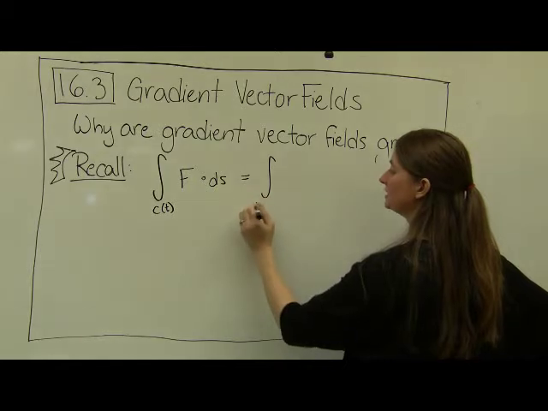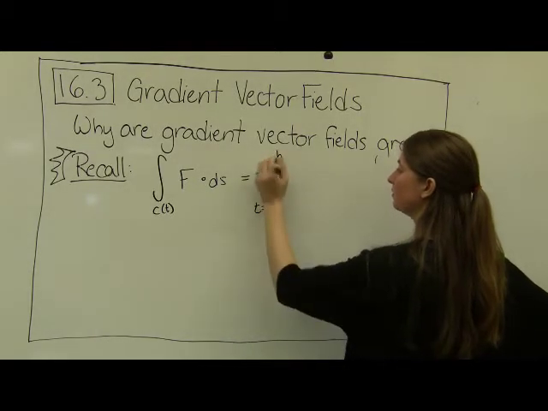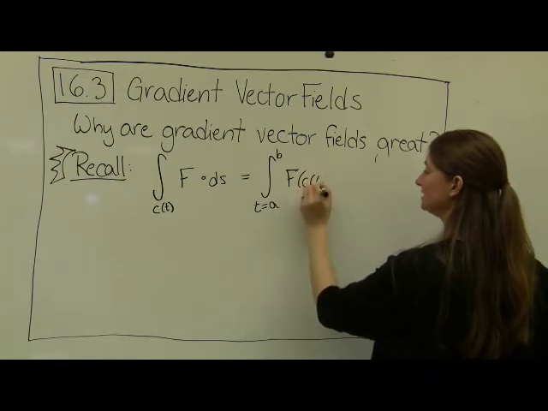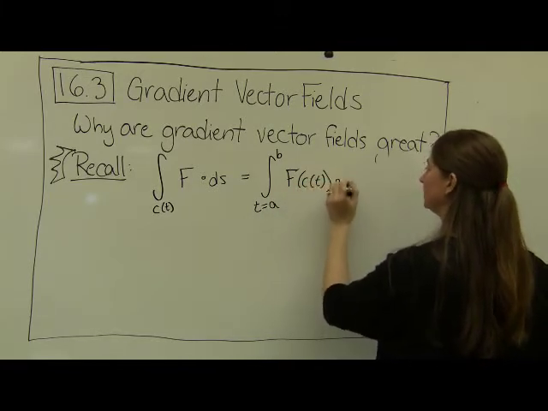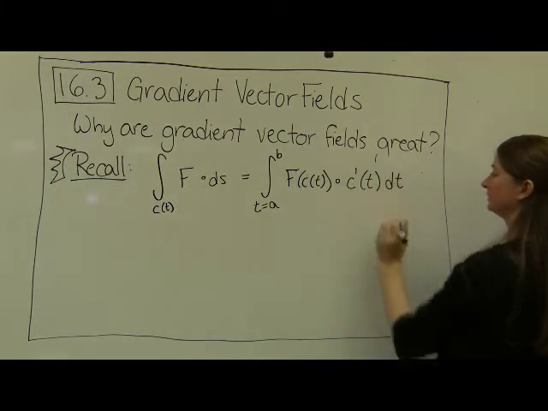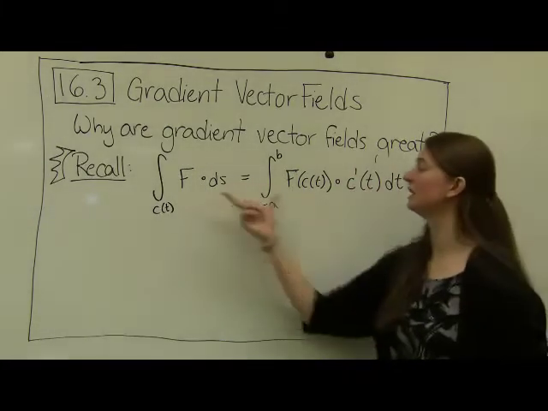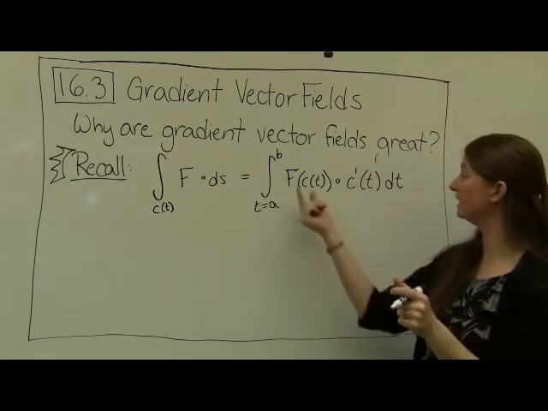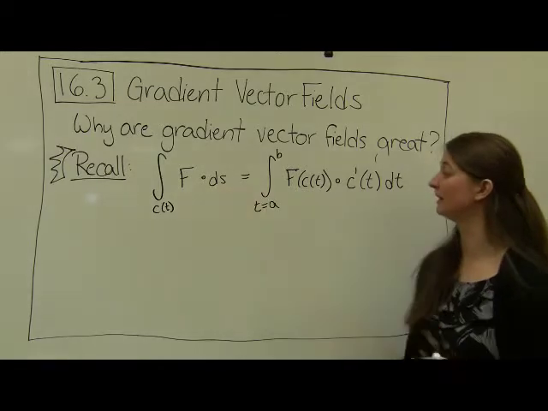Our way of computing this is to look at the integral where t goes from a to b of F evaluated at c of t dotted with c prime of t dt. So this was an equation that we learned last time, and this is summing up the amount of work that's done by this vector field along this path.